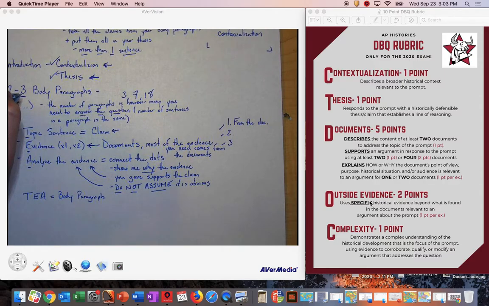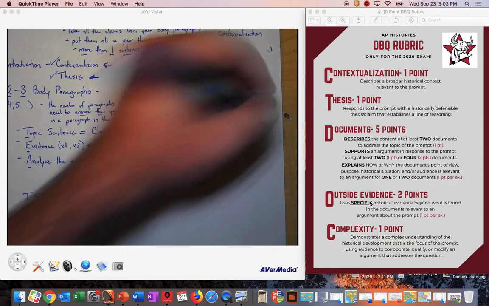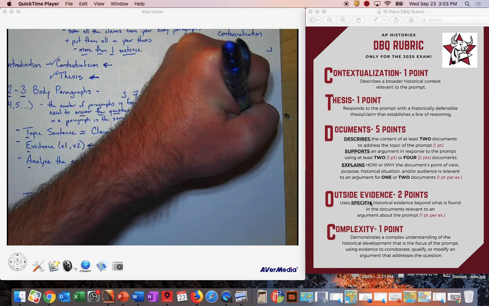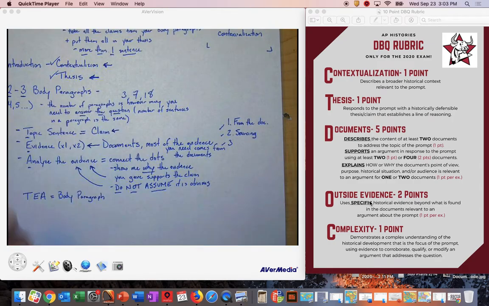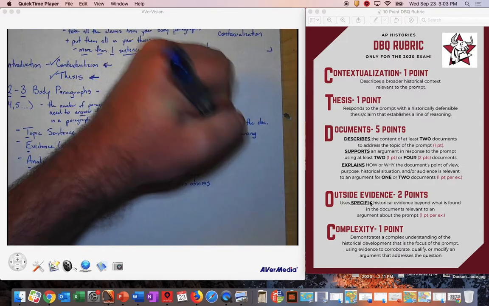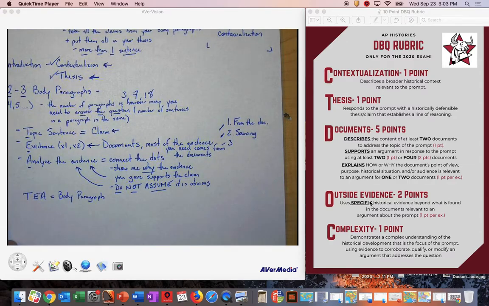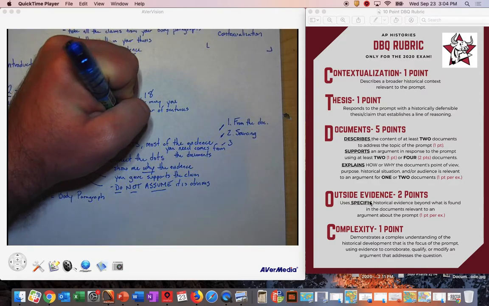Another type of evidence you may need to use is from your sourcing. So that's why I have you source documents. Because some of that sourcing information, telling me about the author or telling me about the historical situation or telling me the audience of a document, that is also evidence, and that can also help to support our claim.